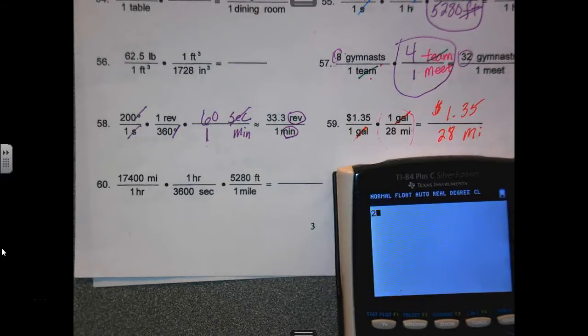Let's see, 200 times 160 divided by... hey, look at that, approximately 33. Any questions? Be able to express.